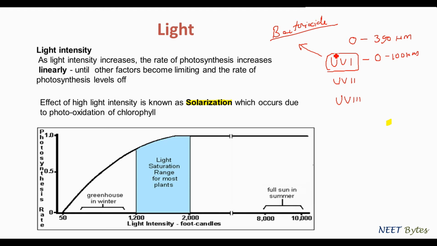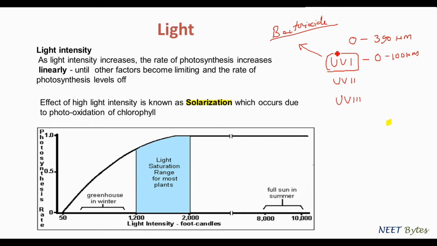There is some practical application as well. You might have observed that in your RO water purifier there is UV, and that UV is of the UV1 category, which is going to kill the bacteria. Similarly, if you go to any ICU in a hospital, you will see a blue color light in every ICU.